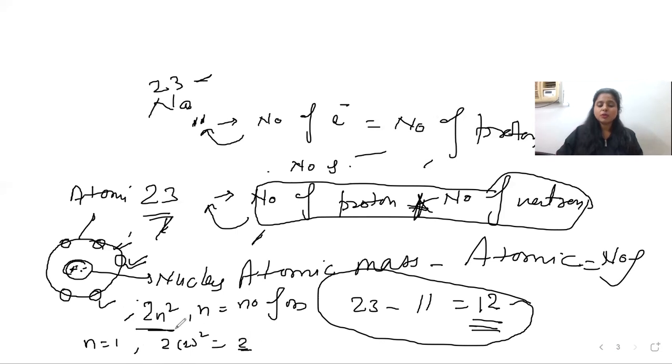So in the first orbit, only 2 electrons can be there. If n is equal to 3, then 2 into 3 squared is 18. So only 18 electrons will be in the third orbit. So this is the occupancy, and so on. We can find it for n equal to 15, n equal to 16. If there are orbits, then we can find the number of electrons there.